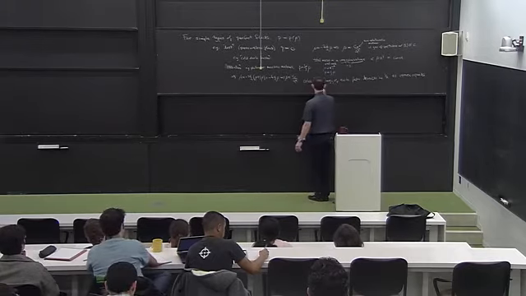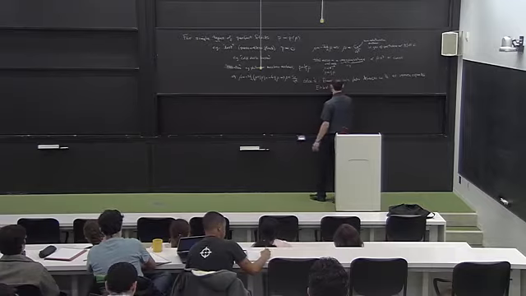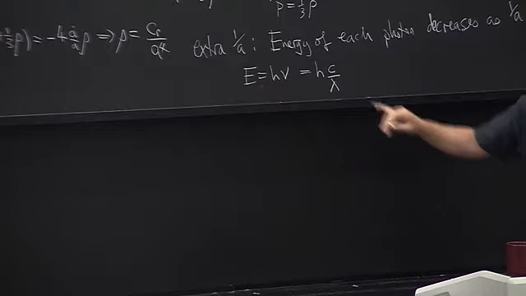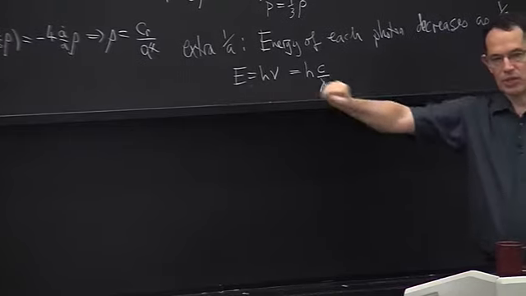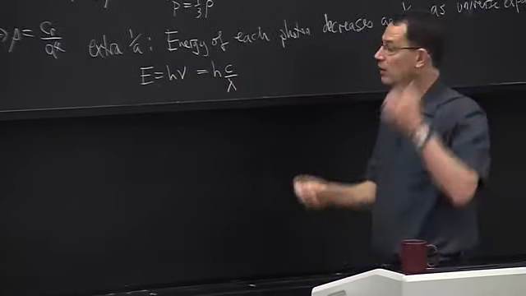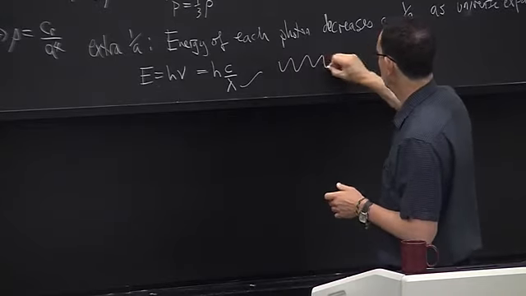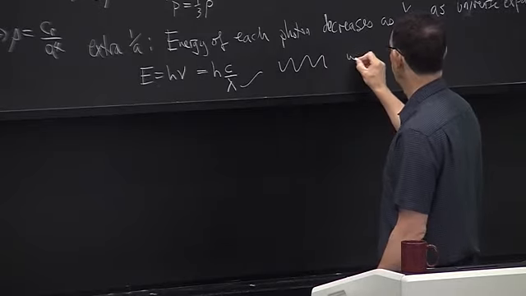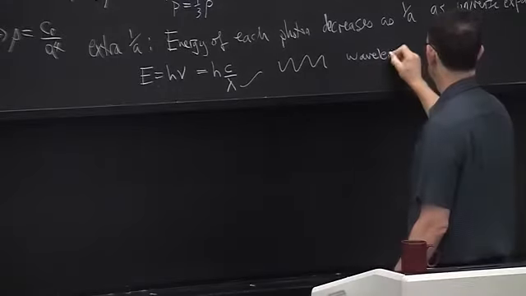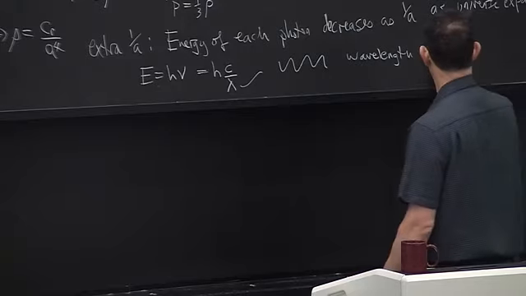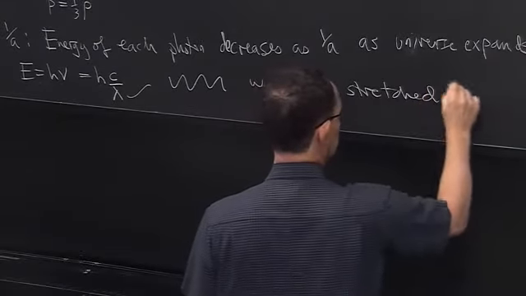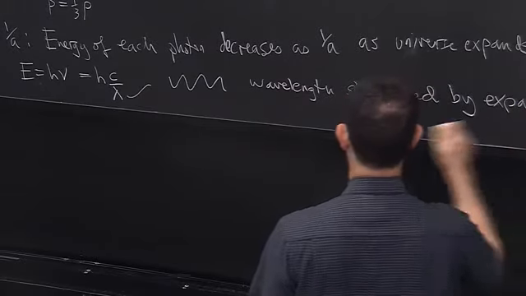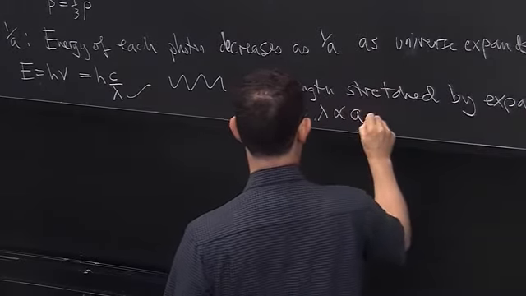Because the energy, of course, is h nu, which is hc over lambda. And the wavelength of every photon is just being stretched by the expansion. Okay, so the wavelength here is just literally being stretched out by the expansion. Lambda is proportional to a.